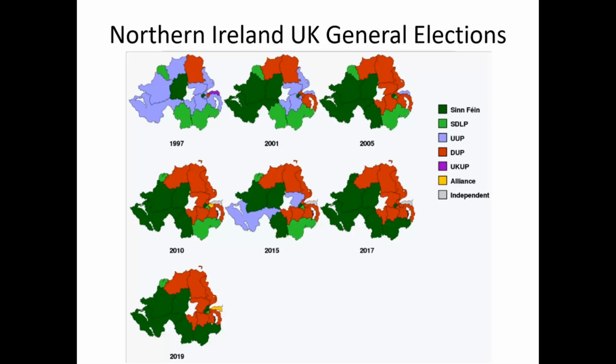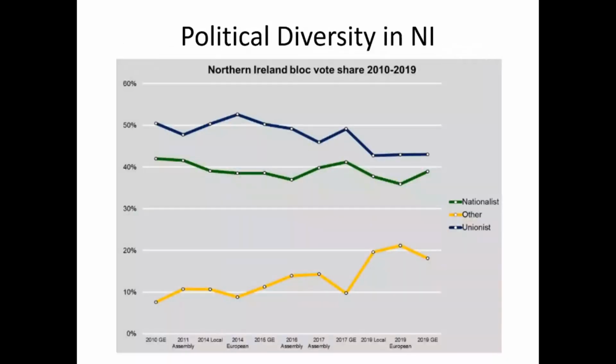If you look down through the series of maps, you'll see that it's now divided pretty strongly: Sinn Féin being the dominant nationalist party, the DUP being the dominant unionist party, with some SDLP but no Ulster Unionists, and for the first time really the re-emergence of the Alliance Party. And over time, again, this would be a great graph that you could see, for example, in a database question.